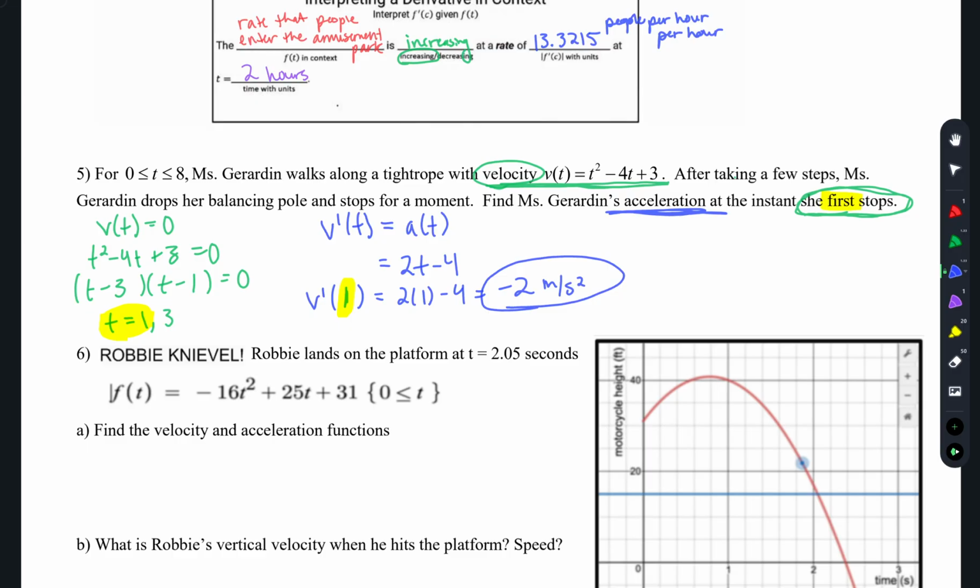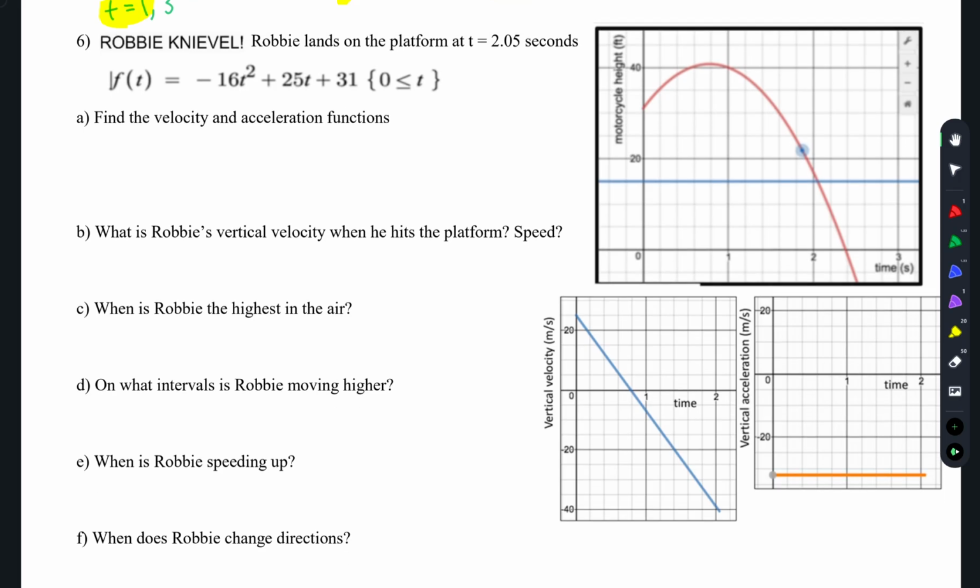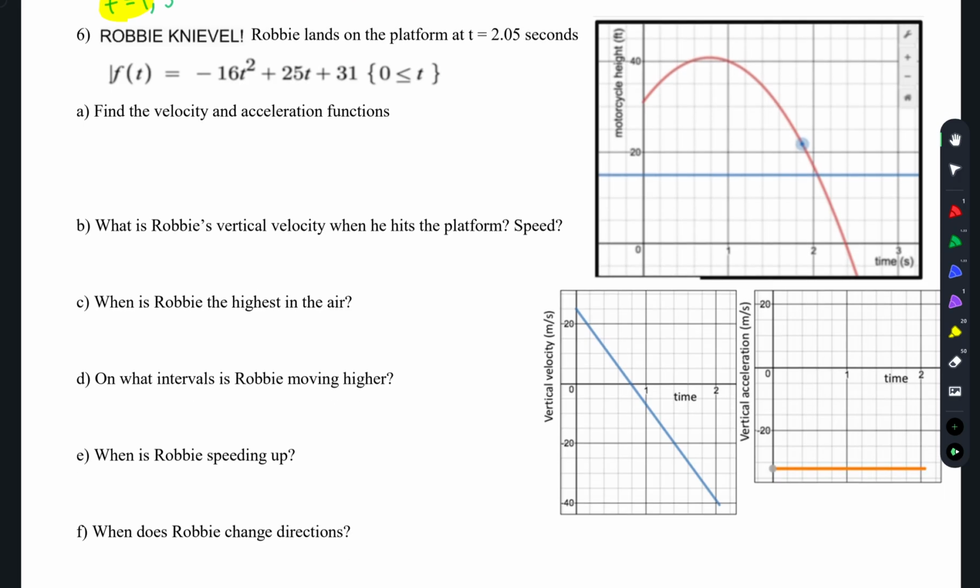Okay. This one we're going to run through a little bit. This is all that Robbie stuff with all the different types of things. So velocity, acceleration. What's the vertical velocity when he hits the platform? What's the speed? Highest in the air, moving higher, speeding up, all those things. A lot of you are already getting after it right now. What's really cool is all these projectile functions are quadratic because we know things about life.